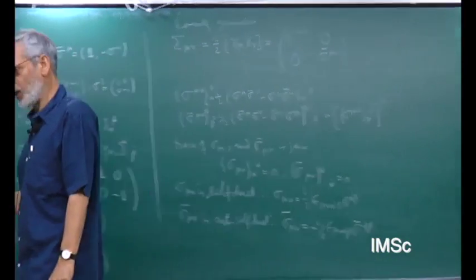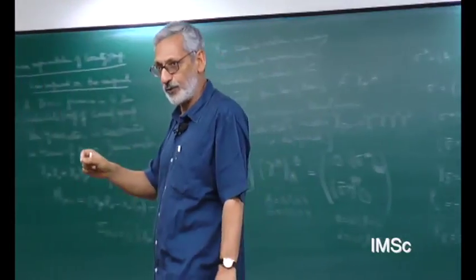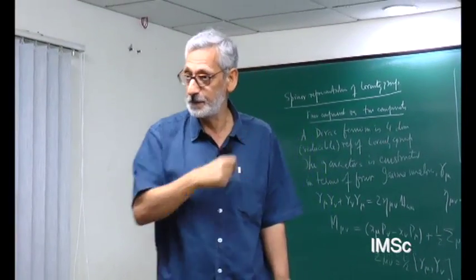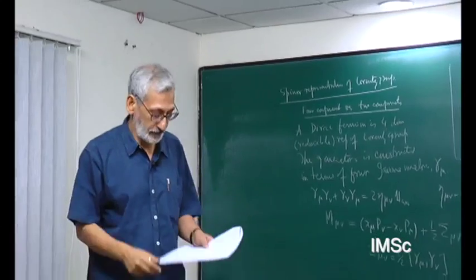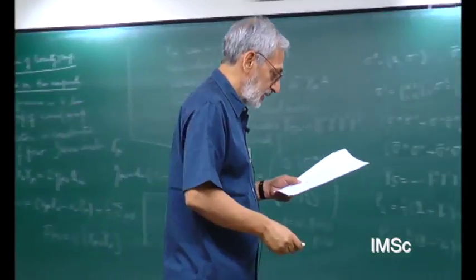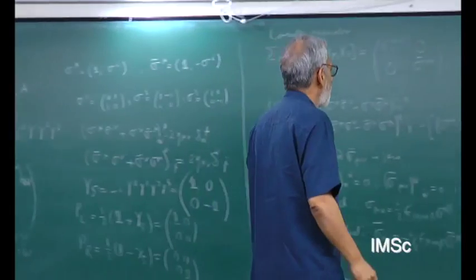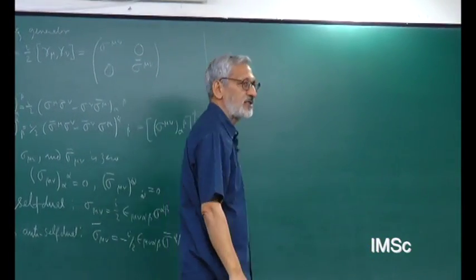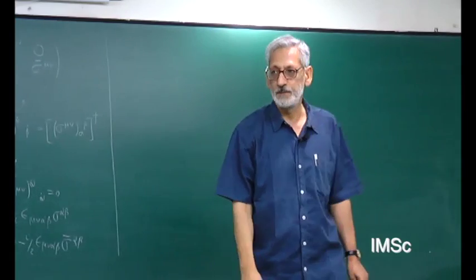A few minutes later, we'll see exactly how that connection works in terms of understanding the generators of SU(2). But before I do that, let me list some other properties of this which may be useful in calculations at some stage.